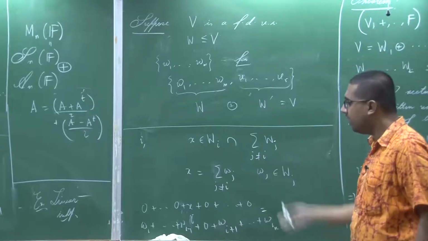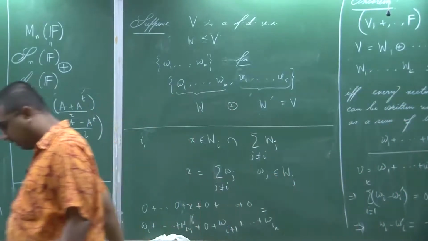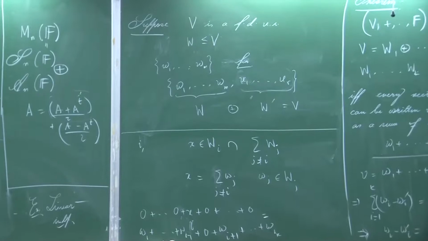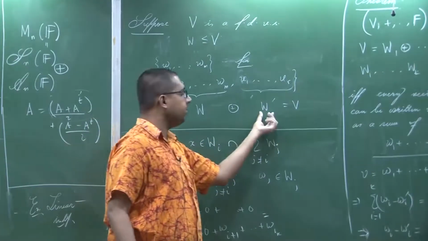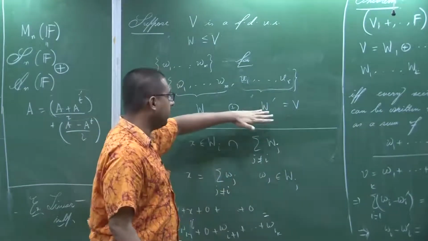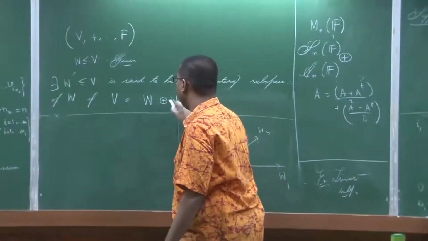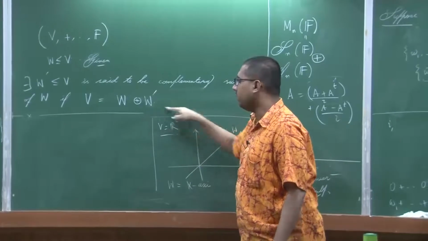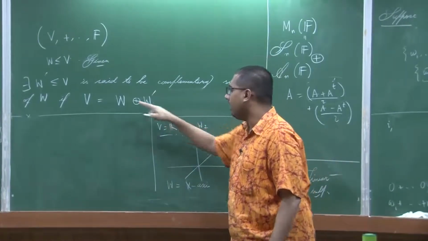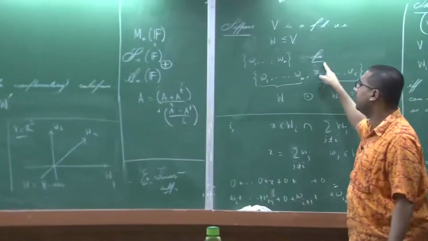Okay. So, we fix this basis of W, extend that to a basis of V, and take the linear span of the extra vectors, and you get a complementary subspace. The converse is also obvious. Suppose I have a subspace W prime such that V equals W direct sum W prime. We take a basis of W prime, and already the basis of W is fixed.